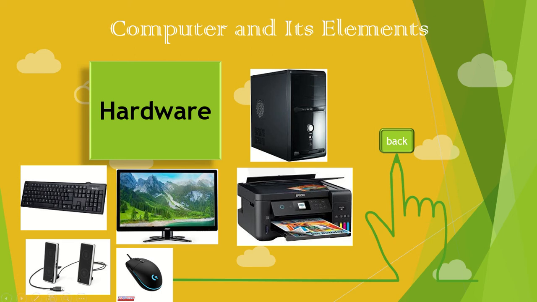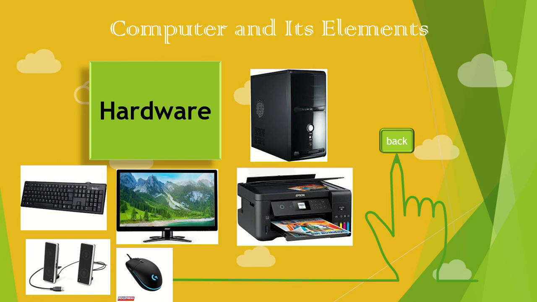Okay, this is a system unit where the CPU of the computer can be found. It is one example of a hardware. This is a printer, and we have here the monitor.